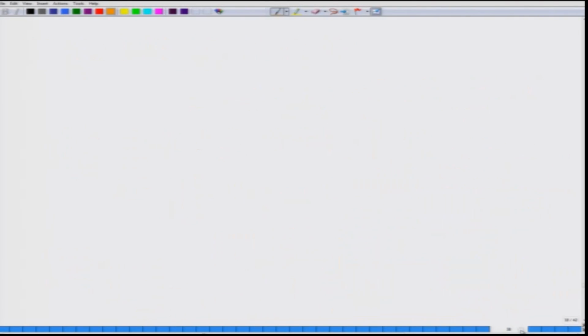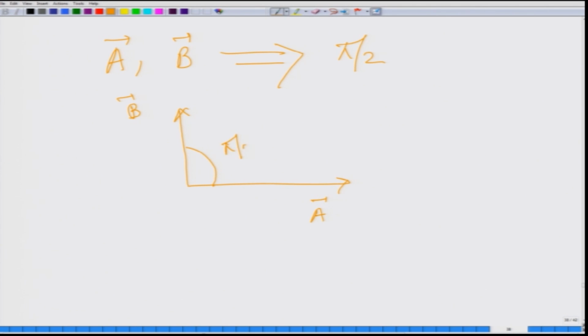So I can just write that the angle between A and B is pi by 2. So the two vectors A and B are at angle pi by 2 from each other. So vector A is perpendicular to vector B. So that solves the second problem.